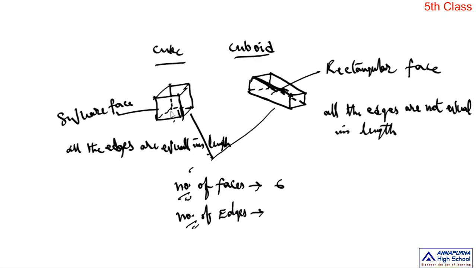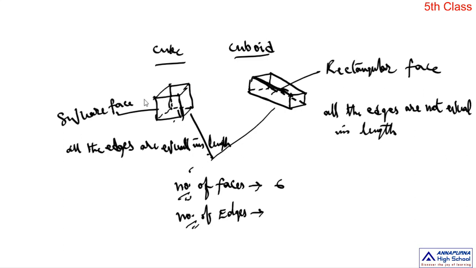How many edges are there in cube and cuboid? An edge is where 2 faces meet. This is a face and this is a face. These 2 are meeting at this point. Like that, this is one face and a hidden face, this is the other face. These 2 faces are meeting here. So these come under the edges.